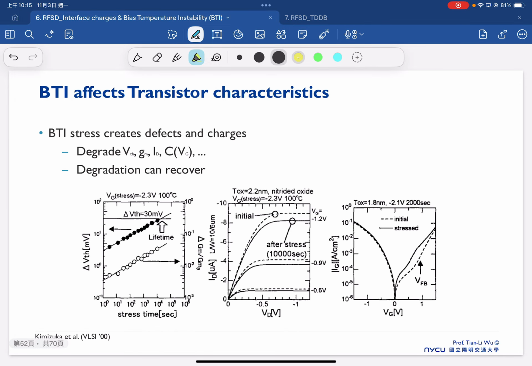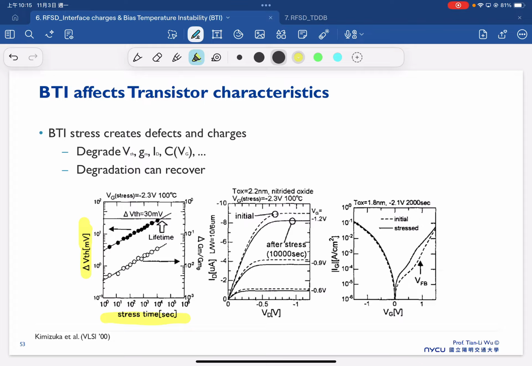So this is BTI data. This is real measurement data published in the literature. As I said previously, BTI can cause degradation of the threshold voltage in many ways. You can see the first graph, which is the threshold voltage versus time.